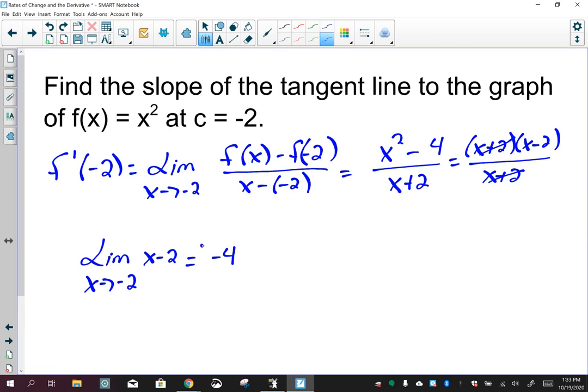That will generate a negative 4. So when you're in a situation like this, and it doesn't say difference quotient, and you feel comfortable, this is another way you can approach it. Just pick and choose, be specific, watch your questions, and they might tell you that you need to use a difference quotient or some other form of it. So just pay attention to that, okay?